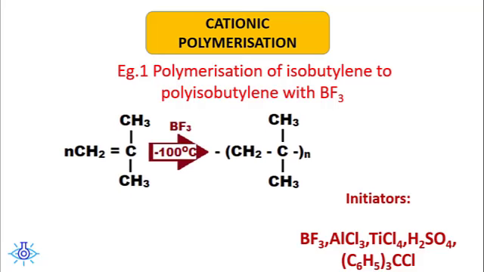BF3 is the initiator which is used to polymerize isobutylene, and this takes place at minus 100 degrees Celsius, giving you polyisobutylene.